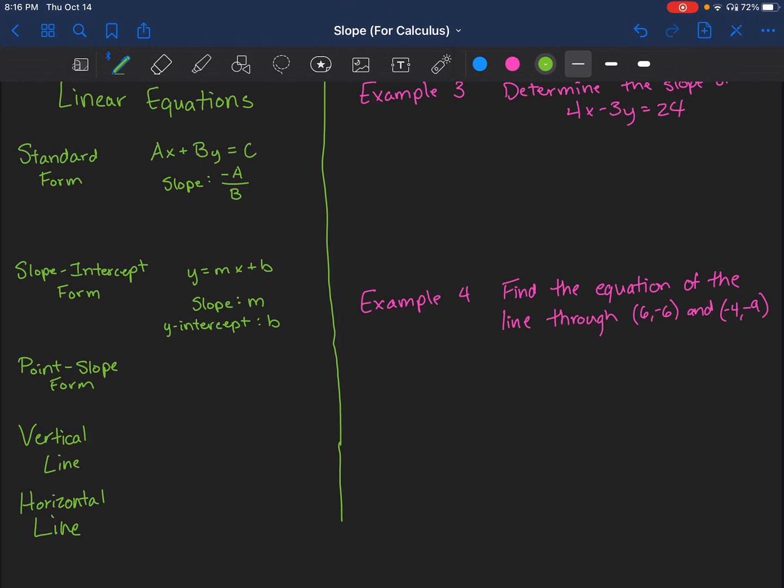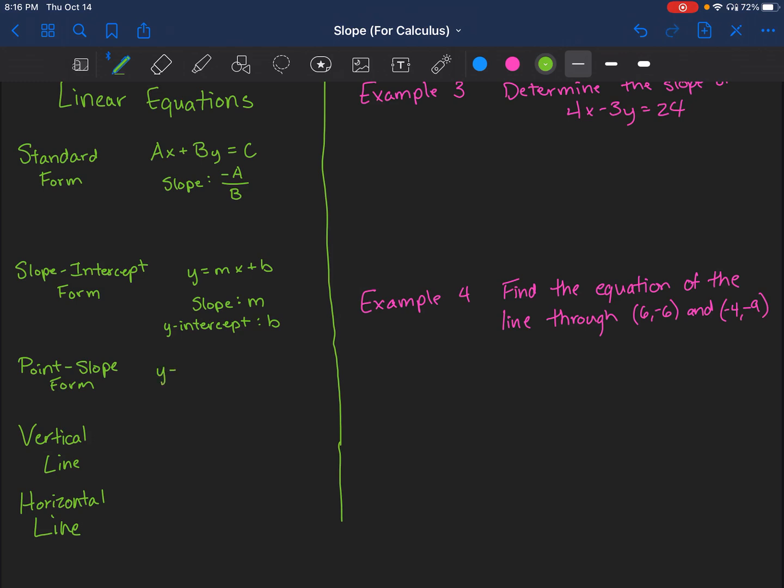Now, point-slope form is another common one, but it's not so common. Hopefully people saw this in Algebra 2, but if you didn't, it's not a big deal. It is important that I write this very carefully so as not to be confused. Point-slope form takes in a point and the slope. So instead of just the y-intercept, I need any point.